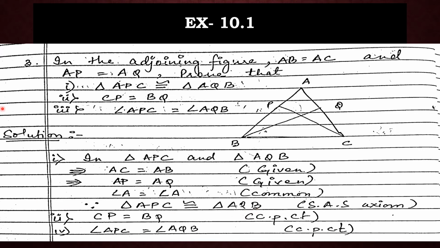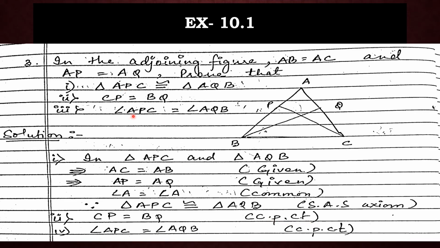Now similarly, in the next part, we have been asked to show that CP is equal to BQ. Since they are corresponding parts of the triangles which are congruent to each other, we can say that CP is equal to BQ. So for that we can write down here CPCT, that is corresponding parts of congruent triangles.